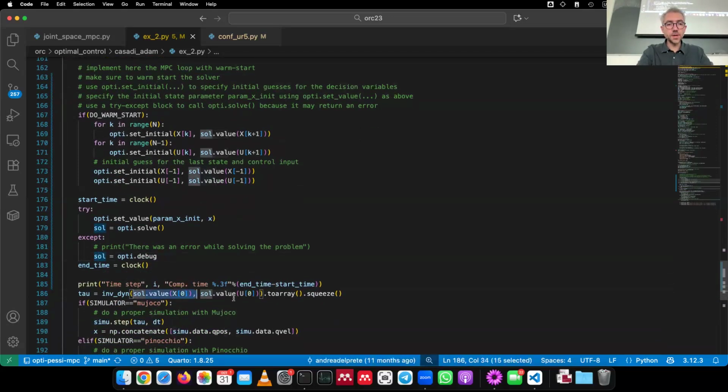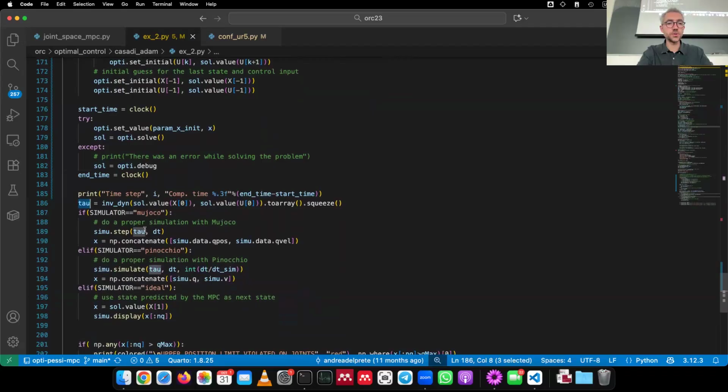Then from the solution of the optimal control problem, we recover the joint torques, and we send the joint torques to the simulator. We have three options for the simulator. Ideal is basically just using the prediction of the optimal control problem as the next state. So that would be an ideal situation. That's why it's called ideal.